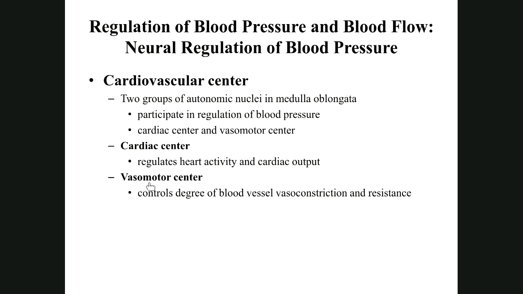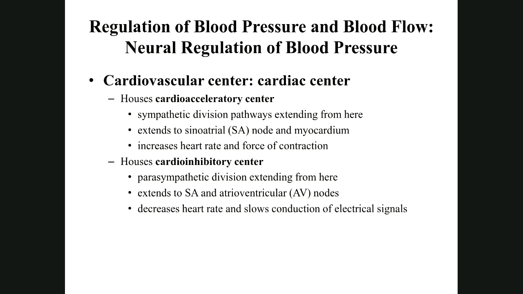Okay, so let's mention these just a little bit before we start to wrap this presentation up. Again, the cardiac center, I do want you to know that there's a cardio-acceleratory center and a cardio-inhibitory center. Now, as we mentioned, this is an autonomic type of response, and so we're going to have sympathetic and parasympathetic involved. As you can remember, hopefully, sympathetic is more stimulatory.